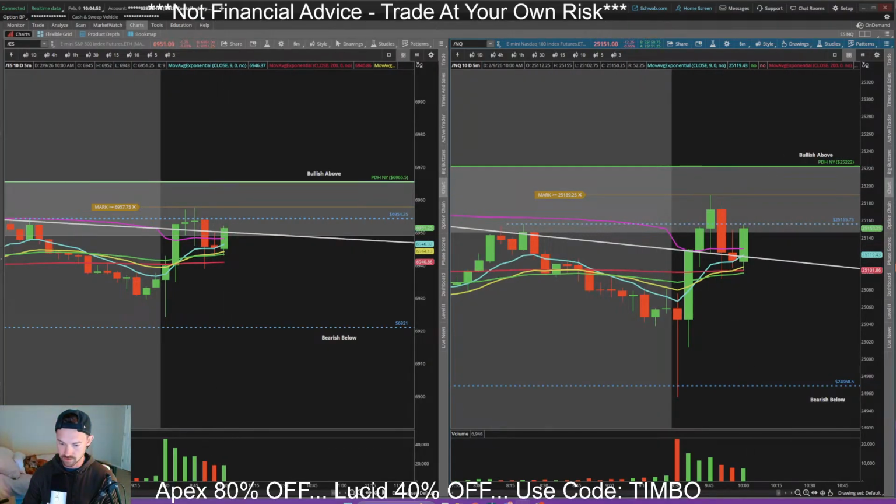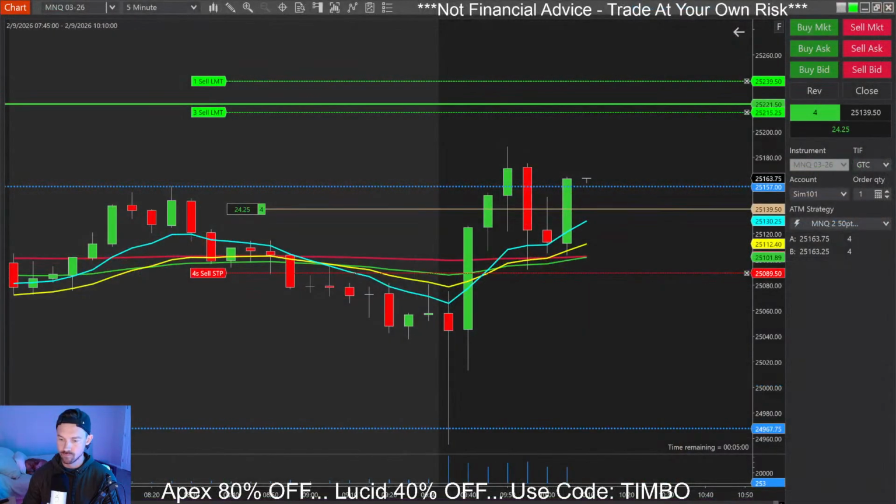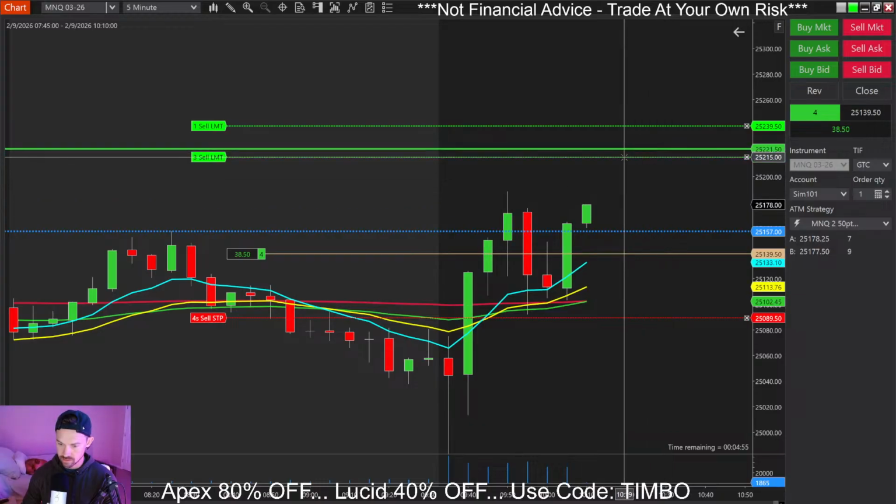10 seconds for the close here on the 5 minute. Alright, nice push there. Let's see if we can get up to that previous day high level.